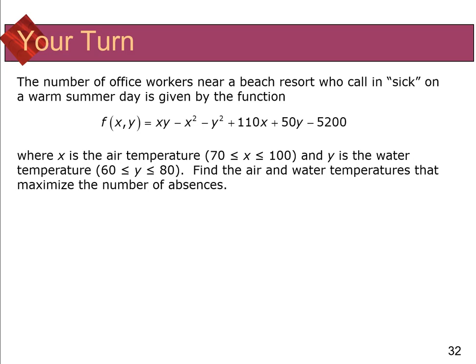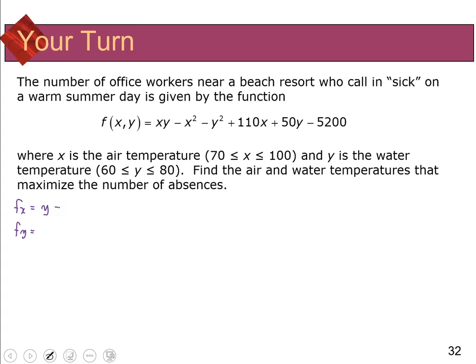So the first thing I'm going to do is find the partial derivatives with respect to x and with respect to y. So I'm going to do f sub x and f sub y. Taking the function as it's written, the derivative of xy with respect to x is going to be y.